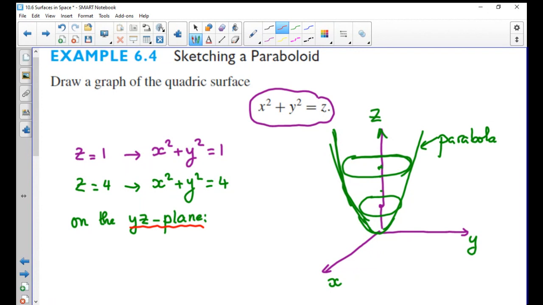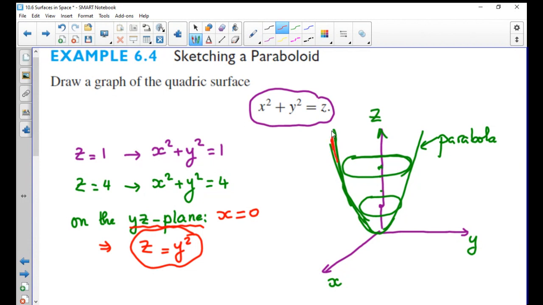On the YZ plane, what happens? The x is 0. Very good. X is equal to 0. Then, if I substitute, I get z equal y squared. What shape is z equal y squared? It's a parabola, yes.